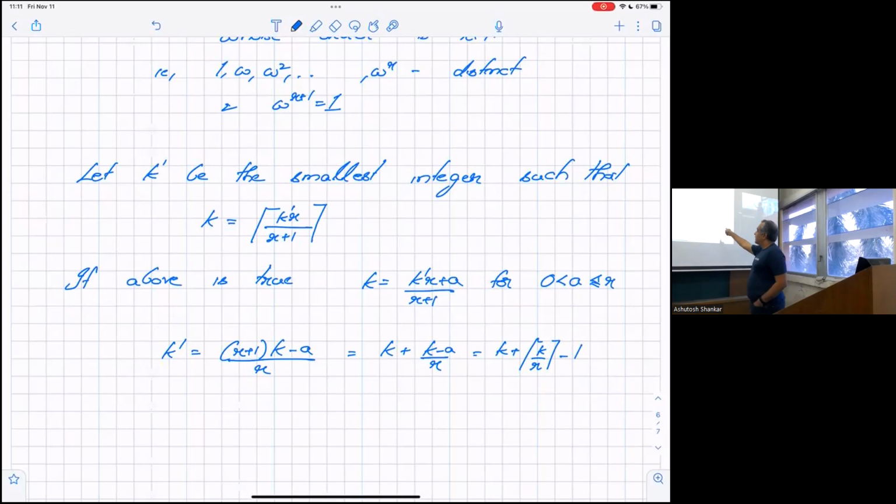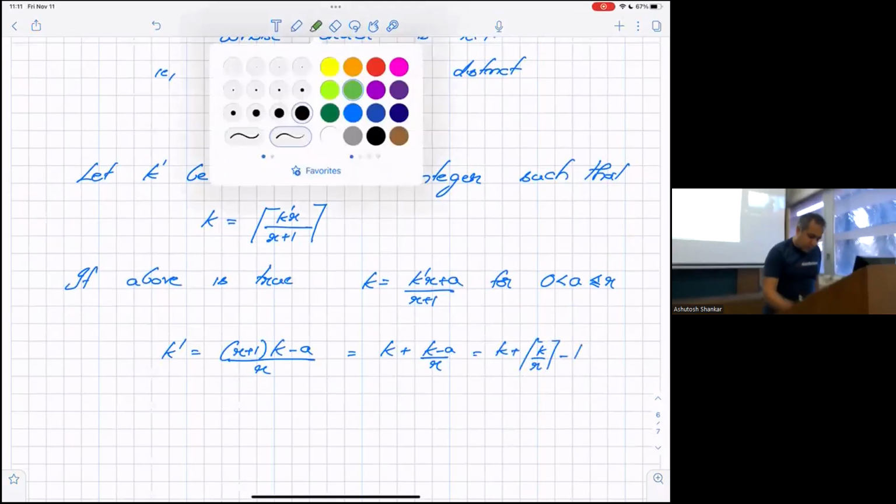Okay, so that's the definition of K prime I want to use, but I want to say that if I chose K prime that way, it actually has that property. That's the property I will use. This is all juggling with floors and ceilings.